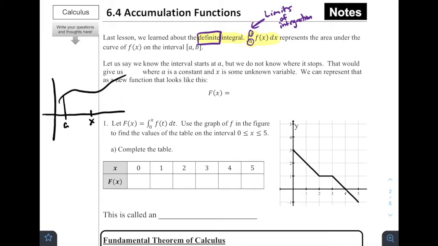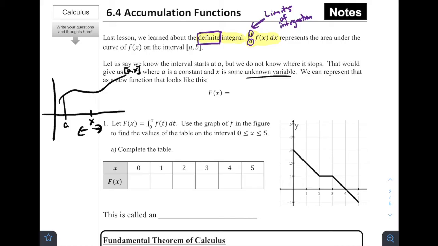Maybe x is here, maybe x is somewhere to the left, maybe x is somewhere to the right, but in general, that would give us some interval between a and some x value that we don't know, right? This x could be moving to the right, it could be moving to the left, where a is a constant and x is some unknown variable.